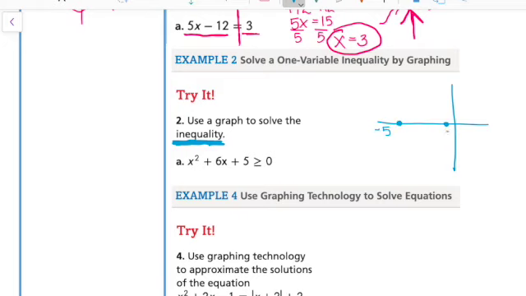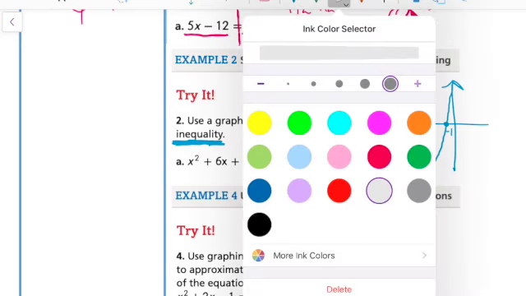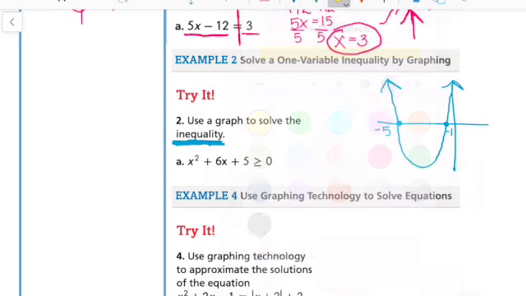So, -1 and -5 were our special points. And then we had all shading. So, if I use a highlighter, all my shading was up here, right? All right.